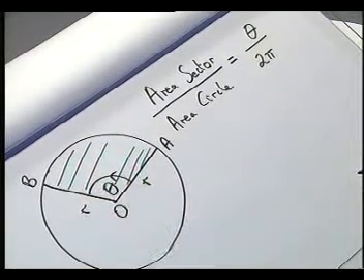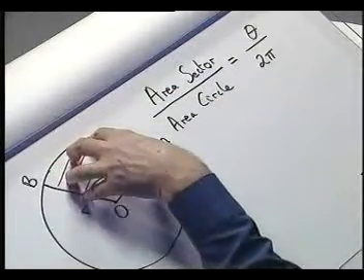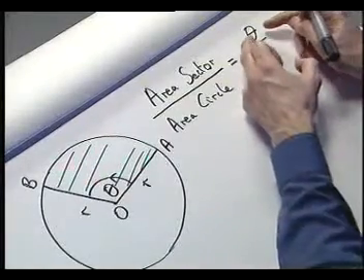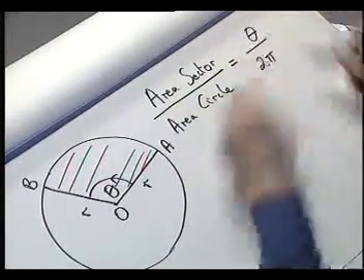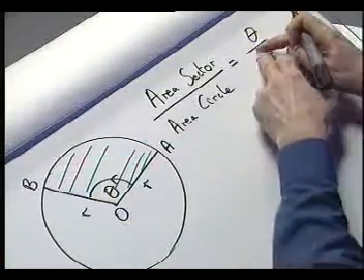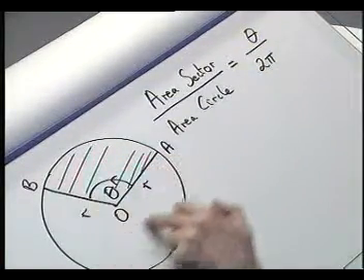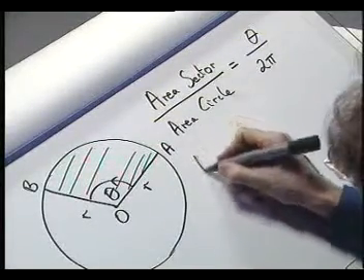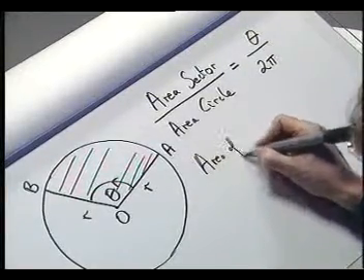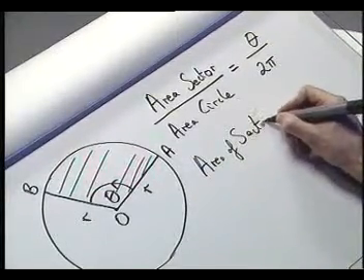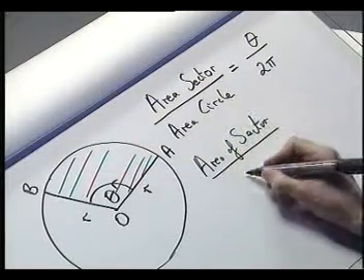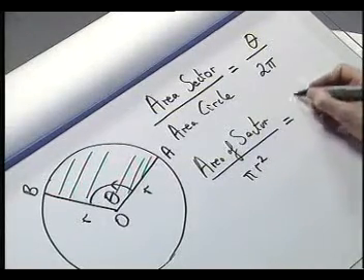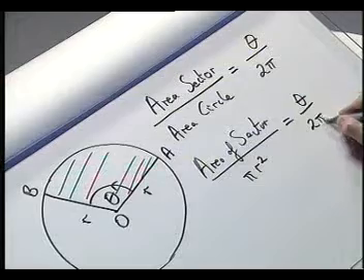So the area of the sector, considered as a fraction of the whole circle, must be in the same ratio as the angle, considered as a fraction of the whole angle all the way round in radians. Well, we can work this out. Area of the sector, and we have a formula for the area of the circle. We know that's pi r squared, equals theta over 2 pi.